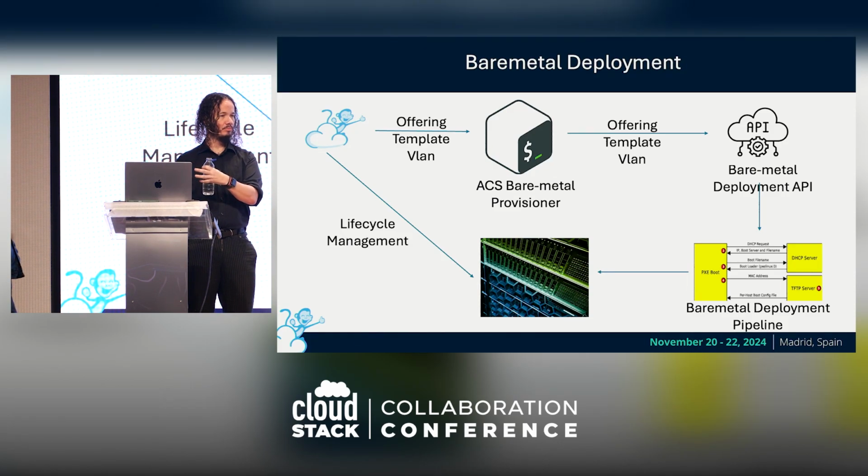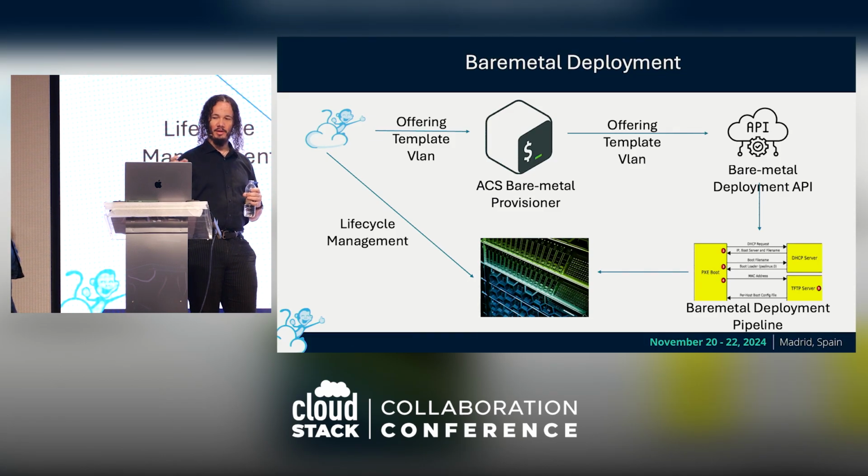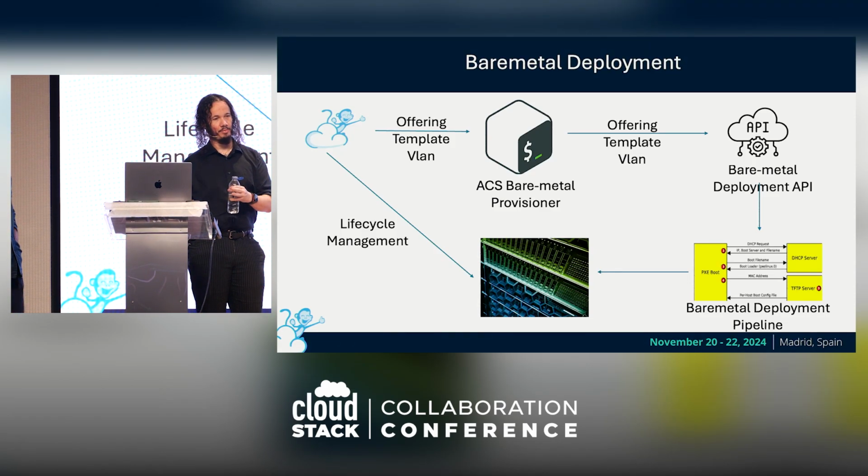In this case, this customer wrote an API that talks to their pipeline. So then the API talks to the pipeline, passing the same parameters, and the pipeline understands what an offering and what a template is, matches it to a type of physical server, and deploys that and configures it in a VLAN.